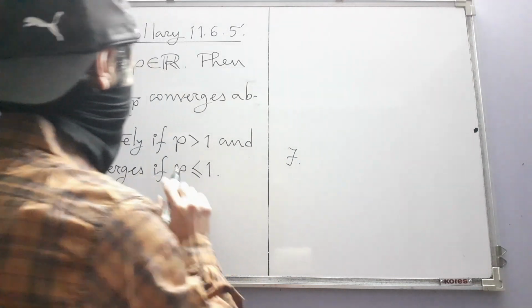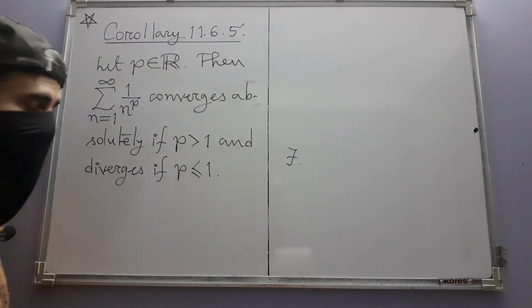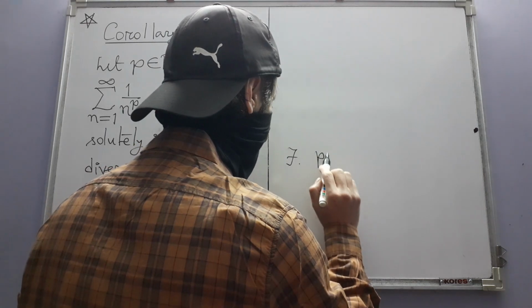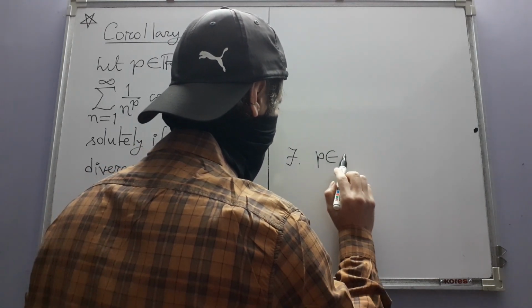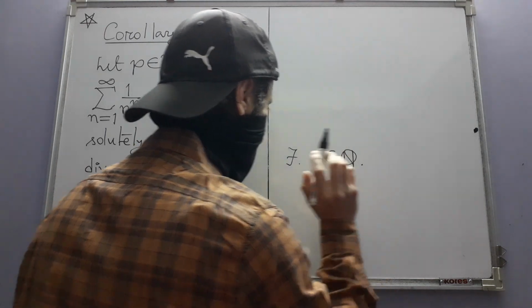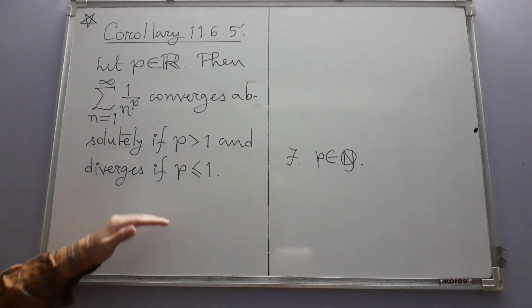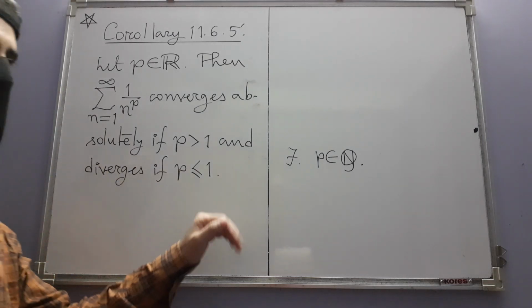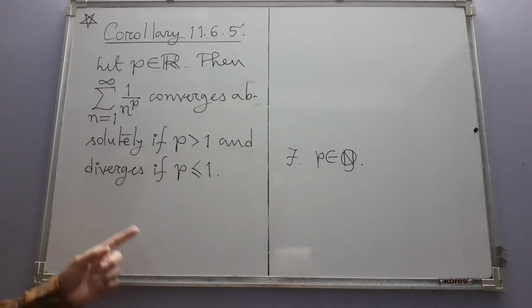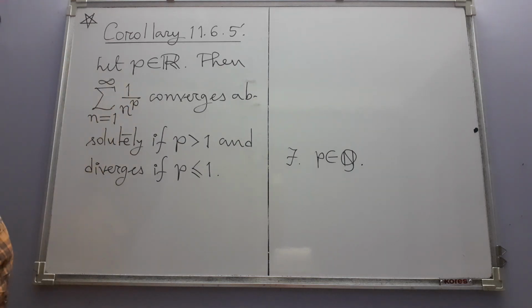However, there this exponent p was a rational number. That was the restriction. Now we are making it more general and making exactly a similar claim, but for any real number p.